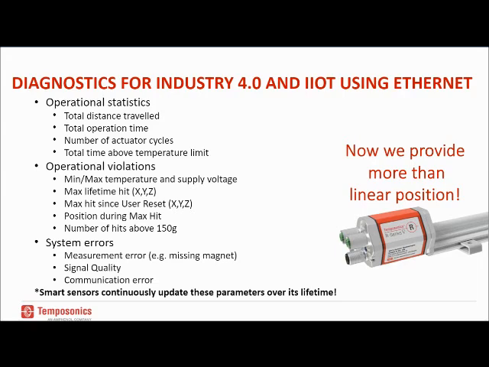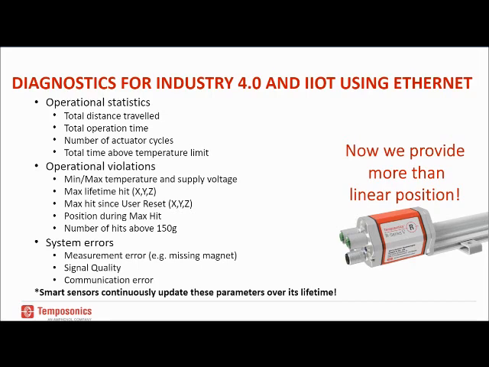If you're in an environment where there's a lot of vibration or shock loads going on, you might want to be able to track things like the accelerometer information, such as X and Y axis, as well as Z axis shock loads. We have the ability to track that as well. We know what the position of the magnet is. As soon as a shock load or shock event happens, we know where that is. And we can also track any excursions that might occur.